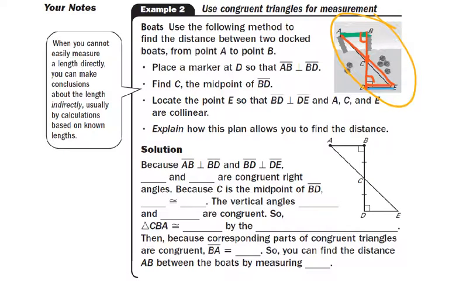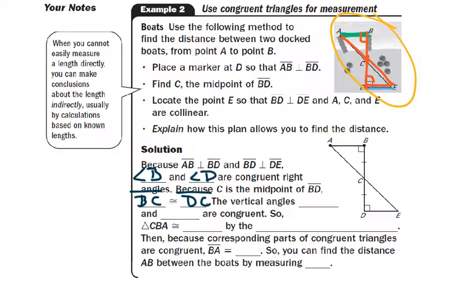Okay, so let's explain how this works. Because AB and BD are perpendicular, BD and DE are perpendicular, angle B and angle D are congruent right angles. Because C is the midpoint of BD, we know that segment BC is congruent to segment DC.